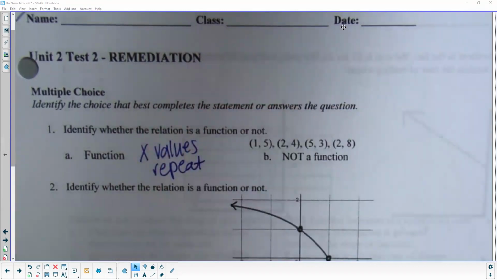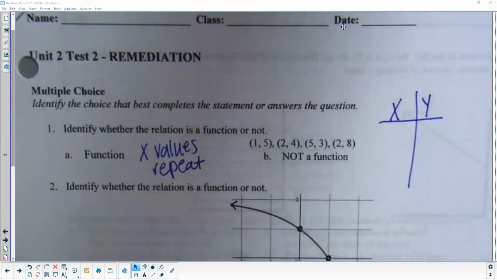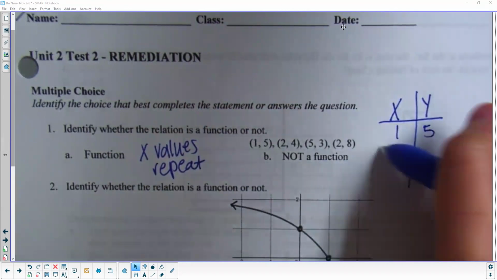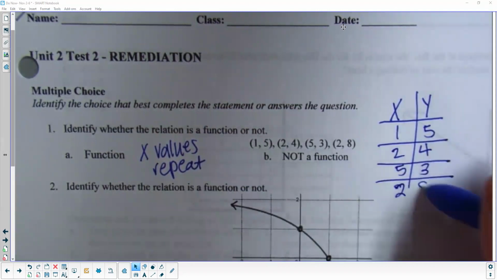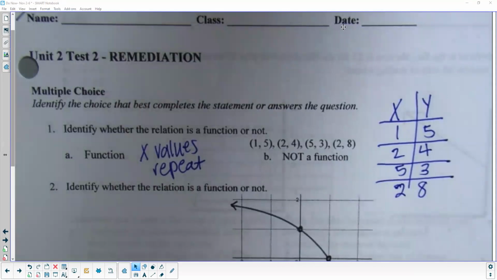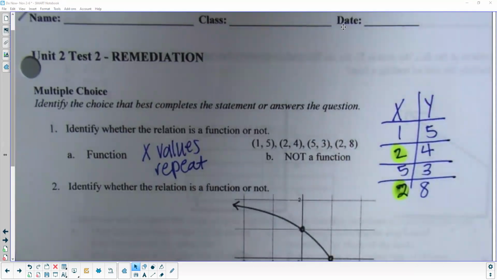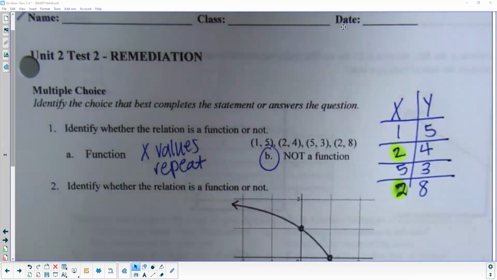Now, the best way to do this is to make a chart, x comma y, 1, 5, 2, 4, 5, 3, 2, 8. And we see that we've got two x values repeat, meaning that it is not a function. Not a function.